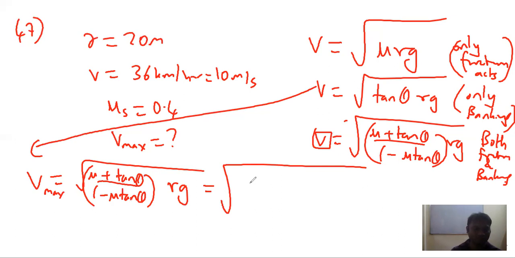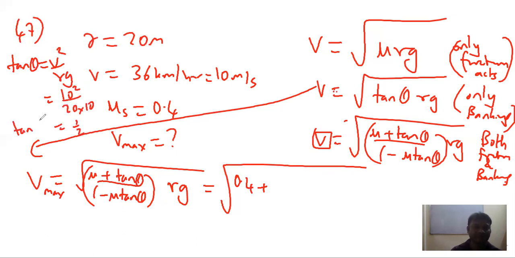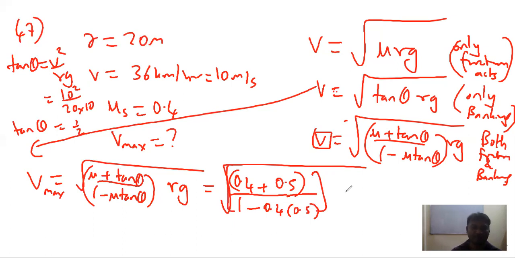So root of mu, which is given to us as 0.4, plus tan theta. Tan theta we'll find from this equation. So tan theta is v square by rg, so 10 square by 20 into 10. So 1 by 2. So tan theta is 1 by 2. So 0.4 plus 0.5, 1 by 2 is 0.5, upon 1 minus 0.4 into 0.5, into rg, 20g, which is root of 200.